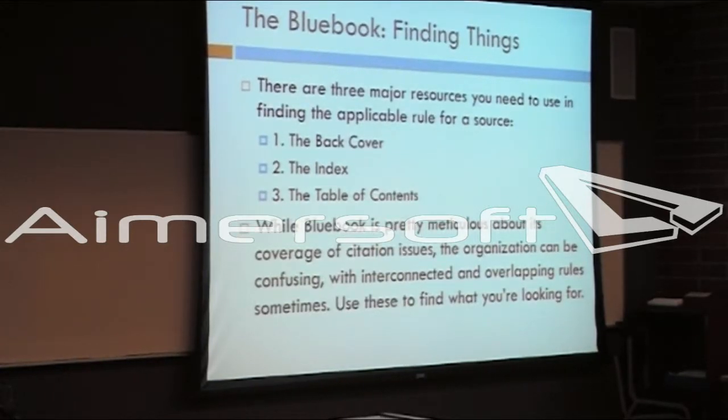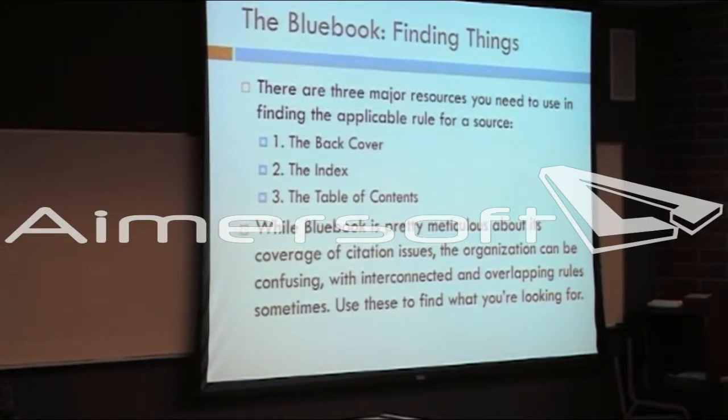Okay. So this is just more additional tips. Even after editing this whole year, the index is still one of the greatest assets in the book for the associate editors. We're constantly referring back there because it is hard to find some specific rules sometimes. So definitely look at that.